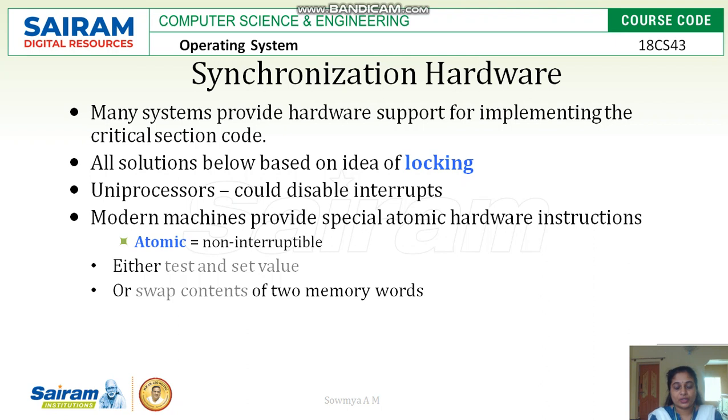All these solutions are based on the locking method. The hardware will be locked once it is given to a process for execution, and once the process finishes execution it will be unlocked. A uniprocessor will disable interrupts, so that once interrupts are disabled, other interrupts will not be generated until they are enabled.